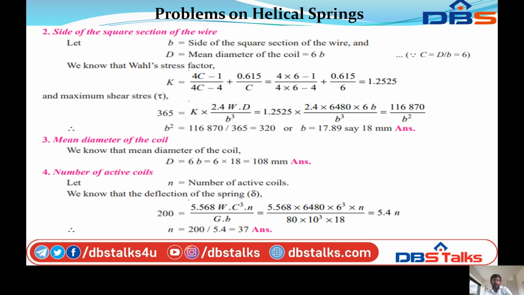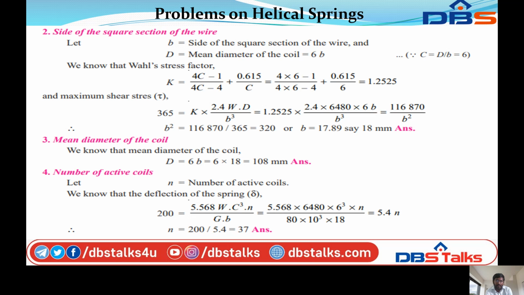The maximum shear stress tau is 365. So tau is equal to K into 2.4 into W into D by b cube. Substituting the values, tau is equal to 365, already given. So we are calculating b. K is 1.2525 into 2.4 into W, 6480, into D, 6b, by b cube.